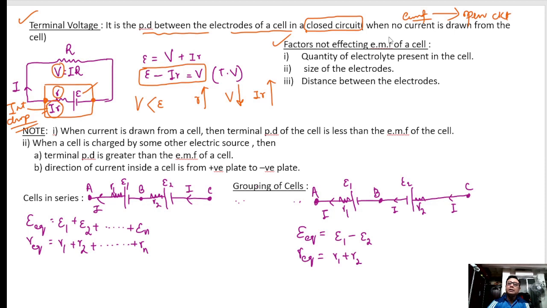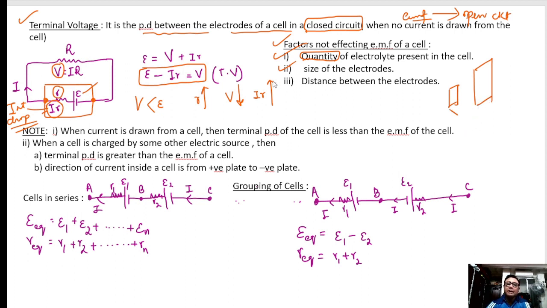Factors not affecting the EMF of a cell. So on what factors will the EMF of a cell not depend? Number one, quantity of electrolyte. How much electrolyte you use will not affect the EMF of a cell. Second, size of the electrodes, whether you use bigger electrodes or smaller electrodes, the EMF will not vary.